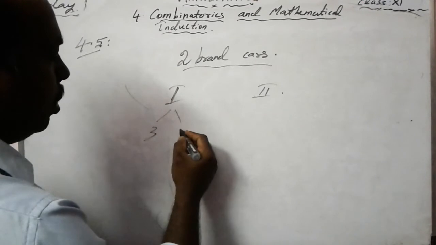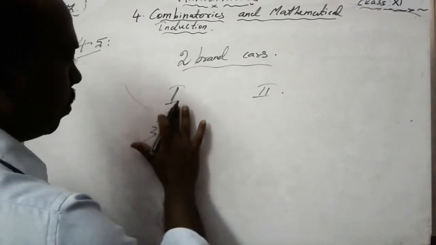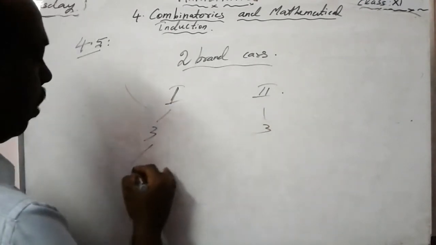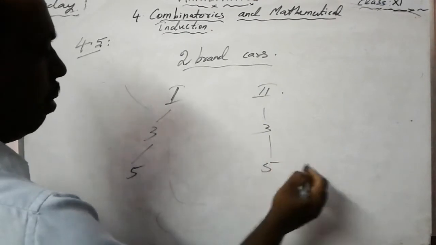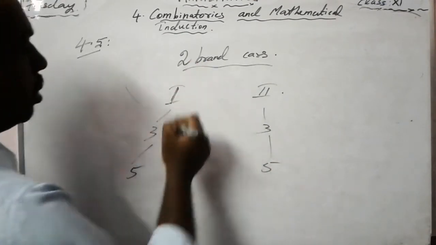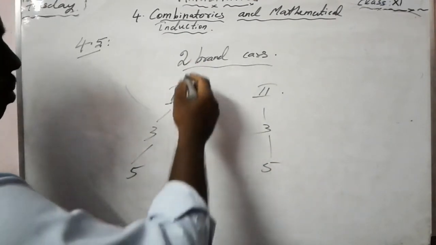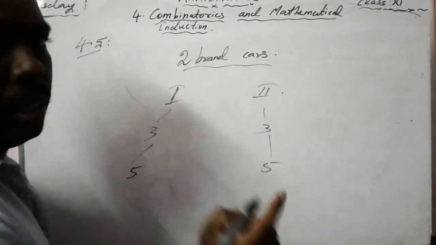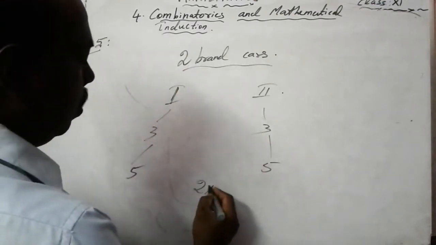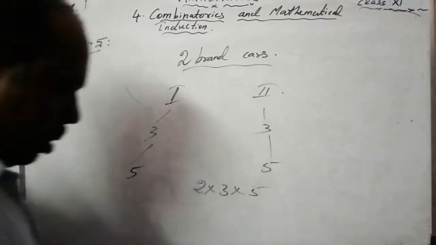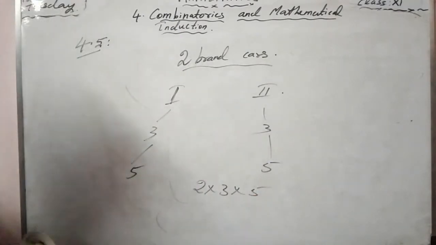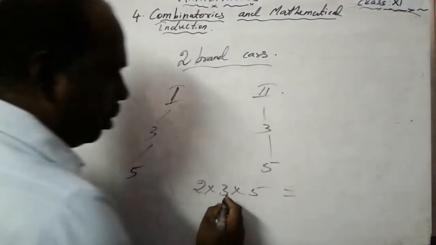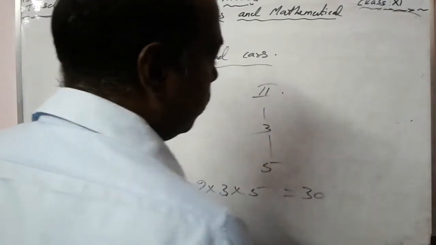There are 3 models and 5 different colors. So we want to select one car. So 2 into 3 into 5. Am I right? That is equal to 30. 2 3s are 6, 6 5s are 30.